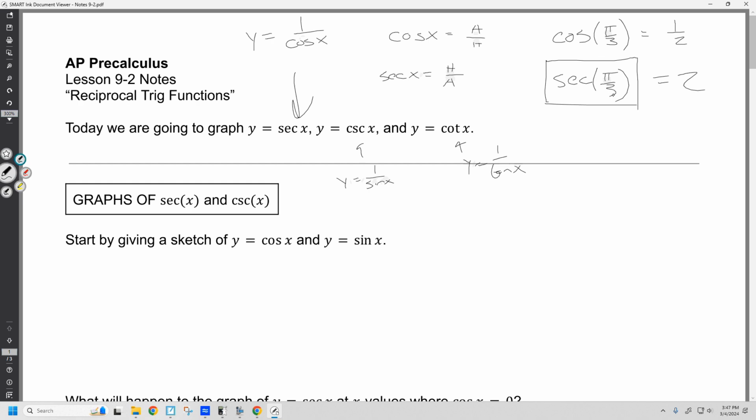All right, tell me, what's the secant of 0? It's not pi over 2. Now you're starting to think about inverses, and we're out of inverse land right now. We're talking reciprocal land.